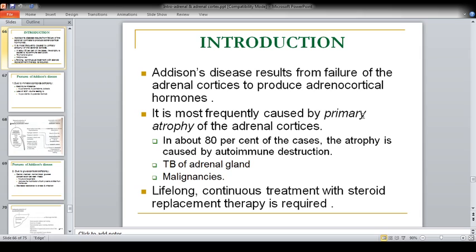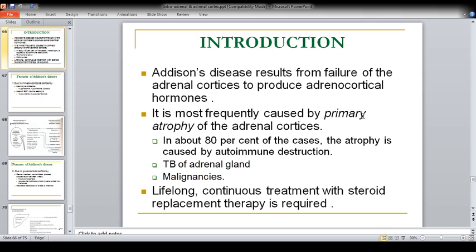Aldosterone is very important in maintaining the balance of sodium and potassium, and adrenal androgens are also important for developing the sexual characters. But if these are not being produced, all of these functions would get totally disrupted.